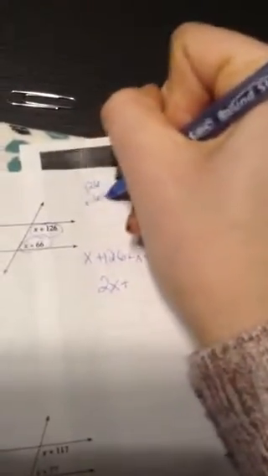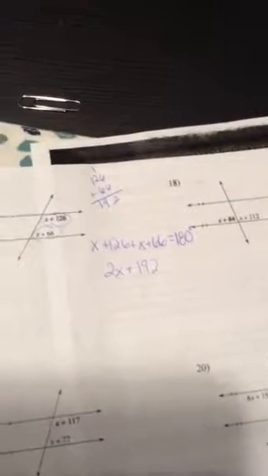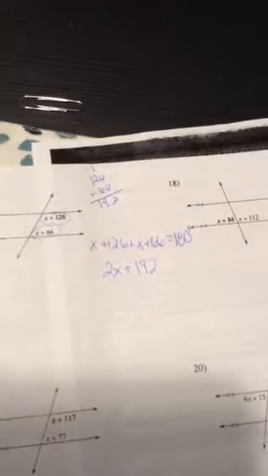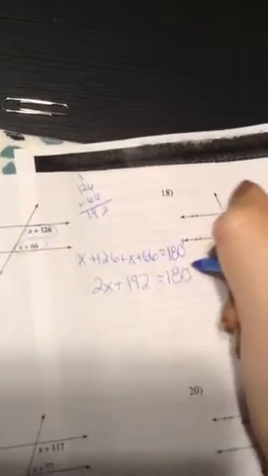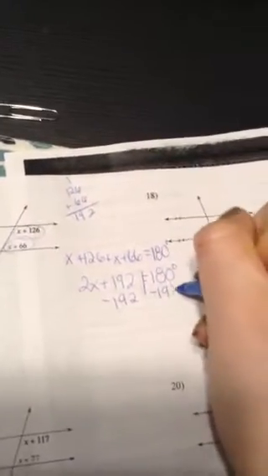So I'd have to combine my like terms. I get 2x plus 192 equals 180 degrees. And then I would continue on to subtract 192 from both sides.